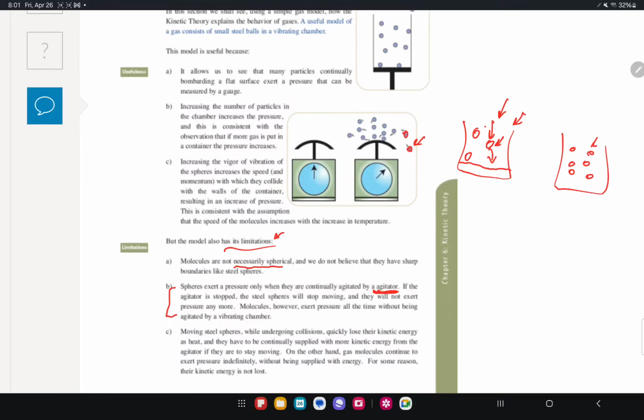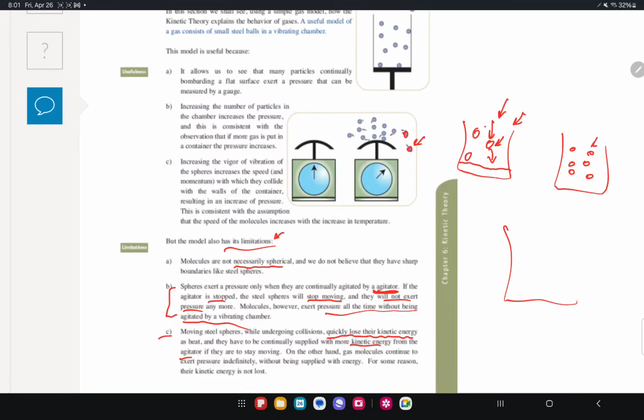If the agitator stops, the steel spheres will stop moving and they will not exert pressure anymore. Molecules exert pressure all the time without needing an agitator. But moving steel spheres, while undergoing collisions, quickly lose their kinetic energy and have to be continually supplied with kinetic energy from the agitator.